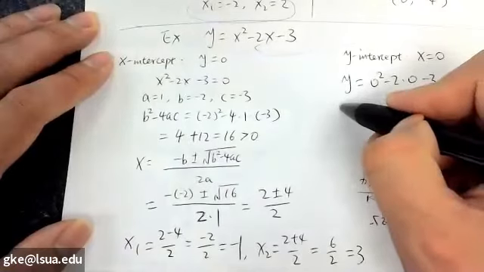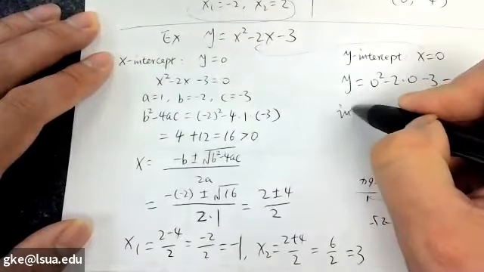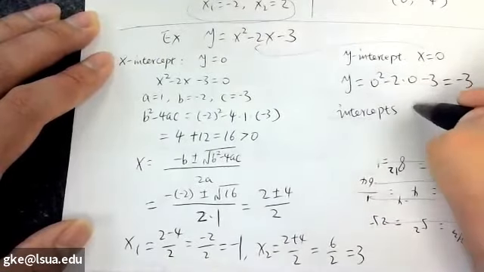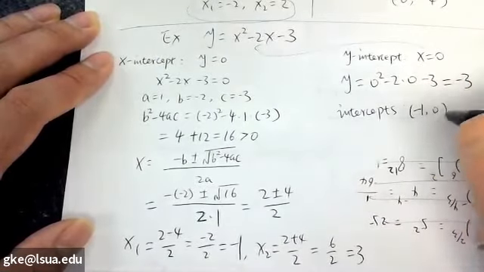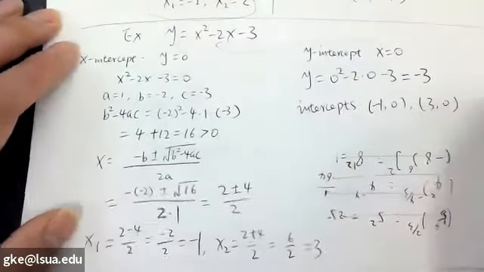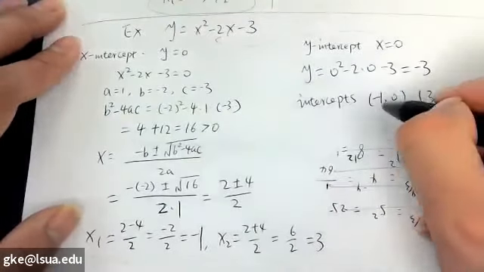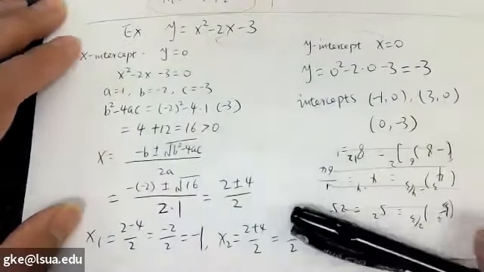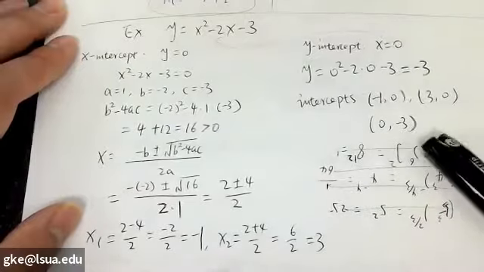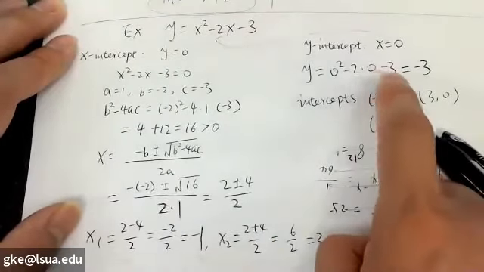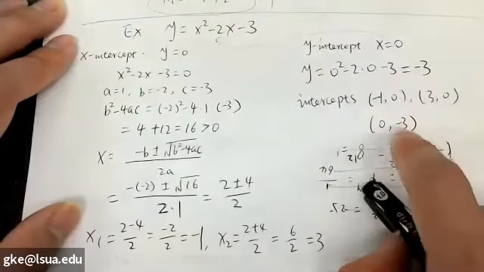So the intercepts are going to be the combination: (-1, 0), (3, 0), and (0, -3). Okay, 3 points. These 2, and this point, (0, -3).